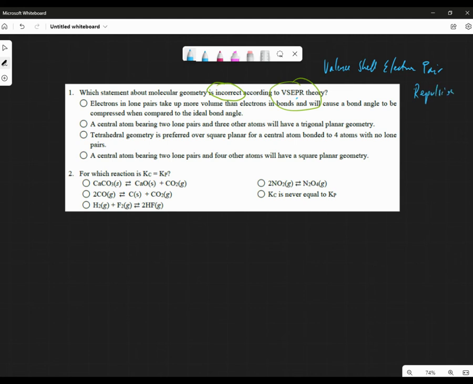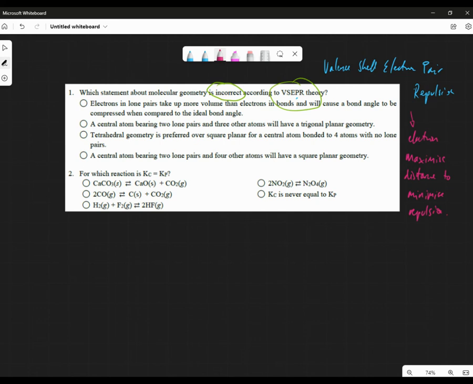And basically, it's very simple. It means electrons move away, maximize distance from each other to minimize repulsion. That's all it means.